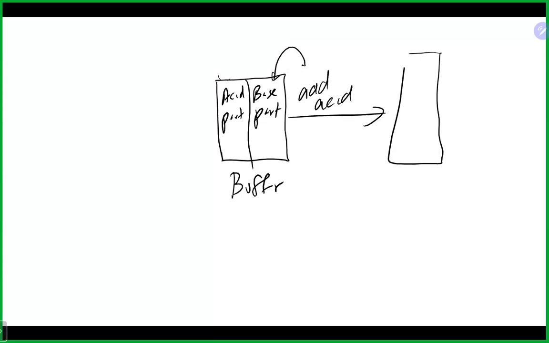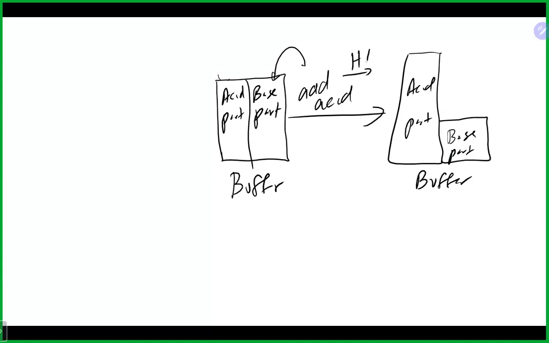So it will increase the acid part of the buffer and use up some of the base part of the buffer. But the key is when you do that, all that H plus that wants to come in is prevented from being freely in the solution. It ties it up basically. It ties that H plus up with the base part and it's not freely floating in that solution.